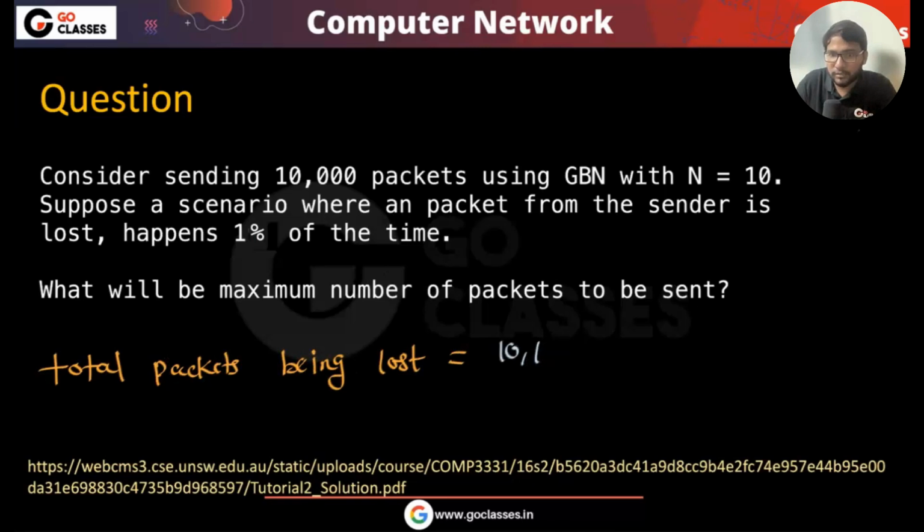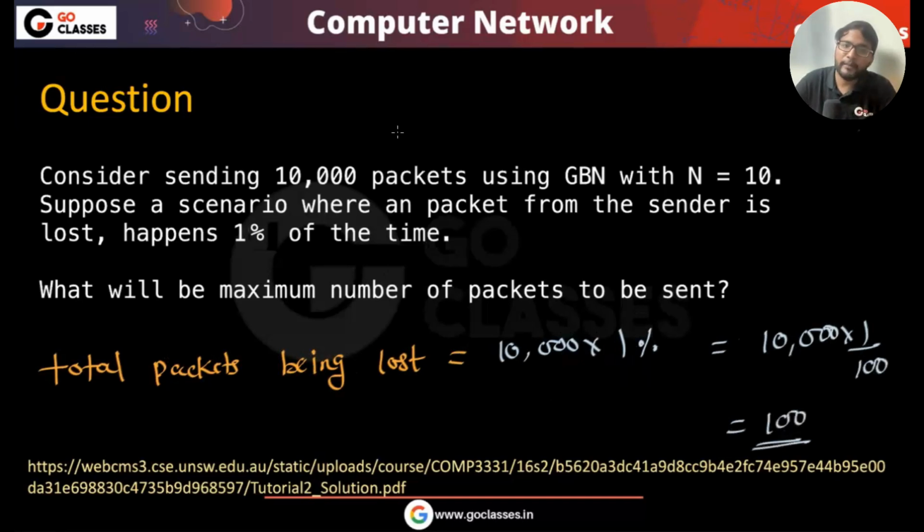Out of 10,000, 1%. So you can say 10,000 into 1 divided by 100, which will be 100 packets, right? So the 100 packets will be lost.